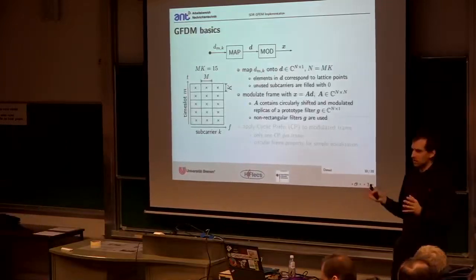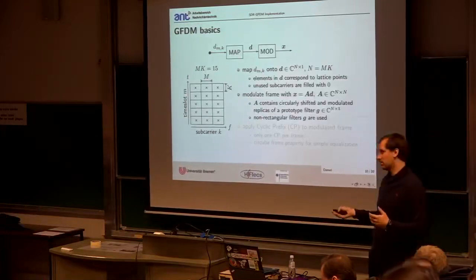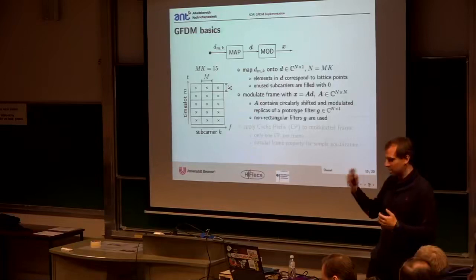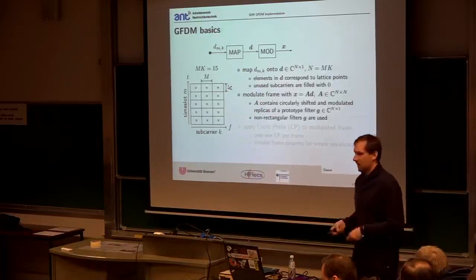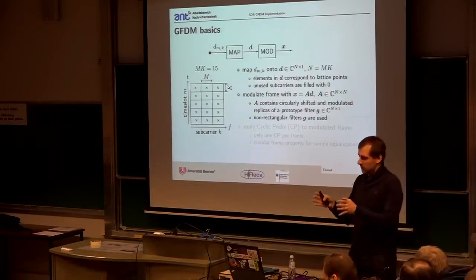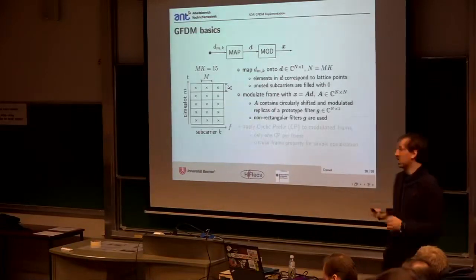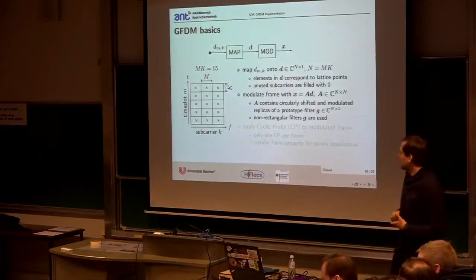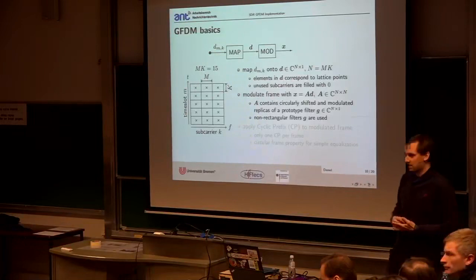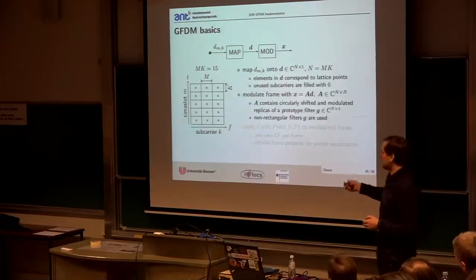So the prototype filter does actually shape our signal, just like we would do with, for example, a single carrier transmission where we have a root raised cosine filter. And now we just shift it to the frequency and the time where we want to transmit a certain symbol. And that's what every entry of A contains for every symbol we want to transmit in such a GFDM frame.